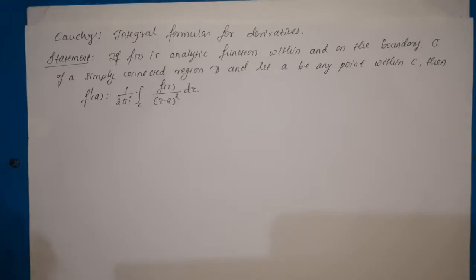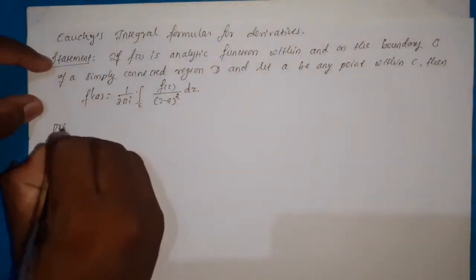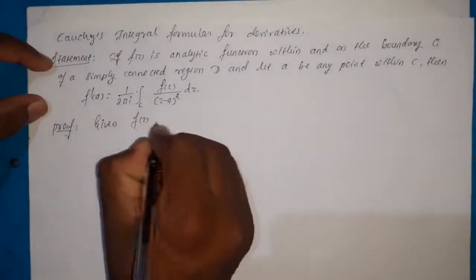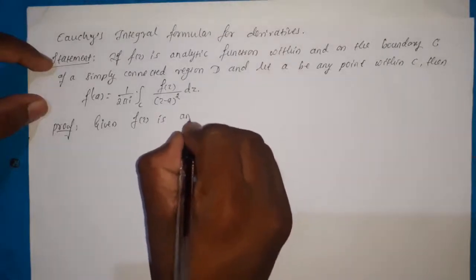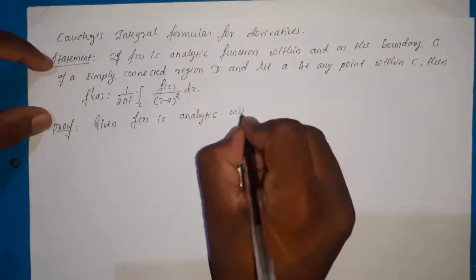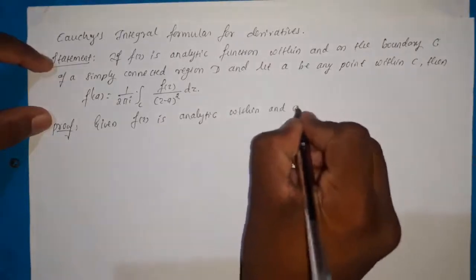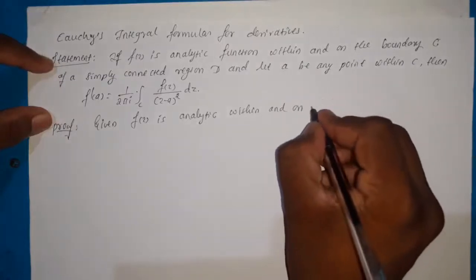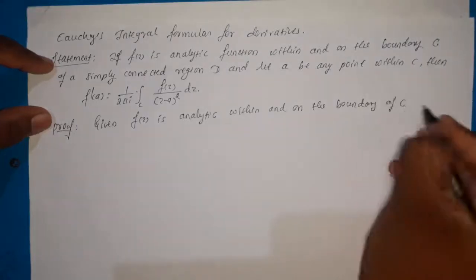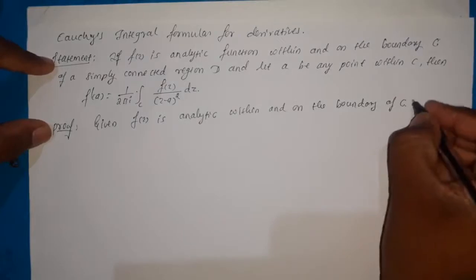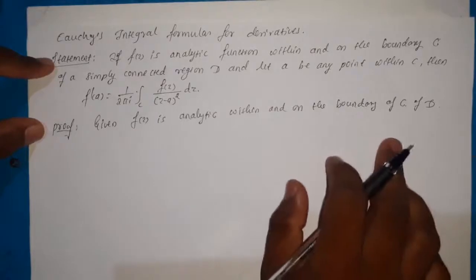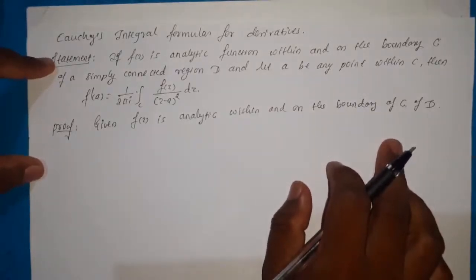So now let us prove this one. Given f of z is analytic within and on the boundary of C of the domain D. So by using this condition we can use the previous theorem.